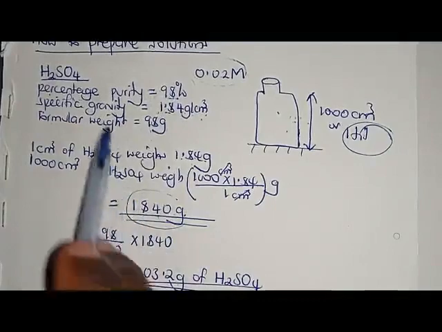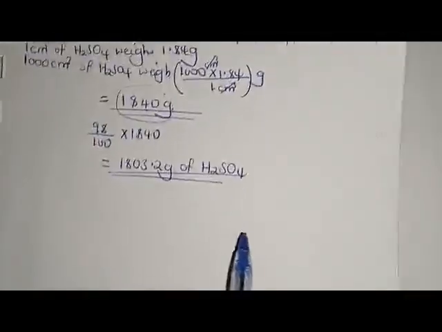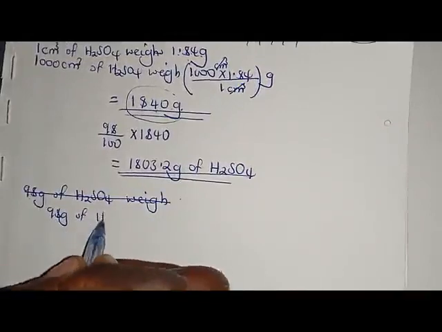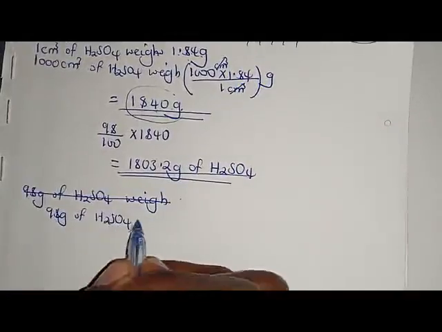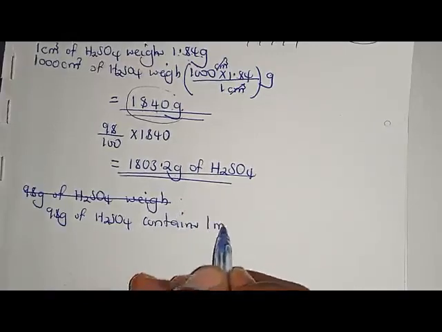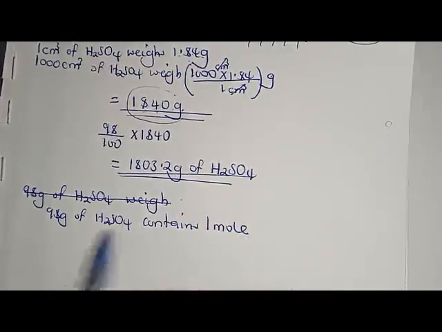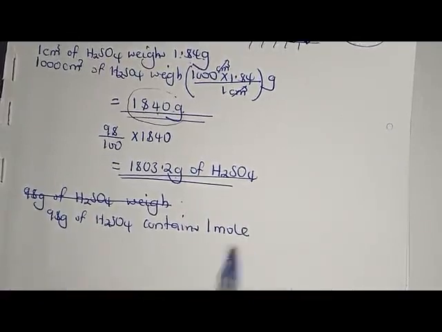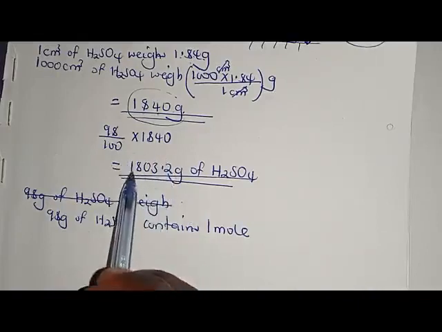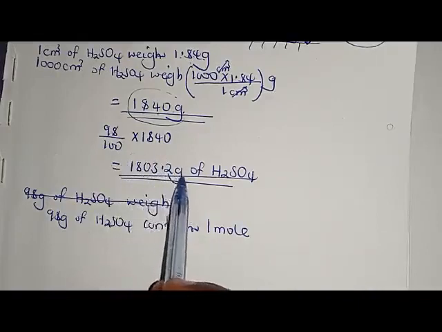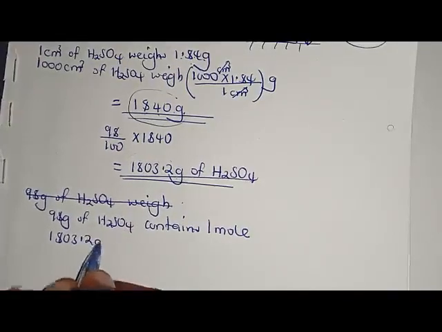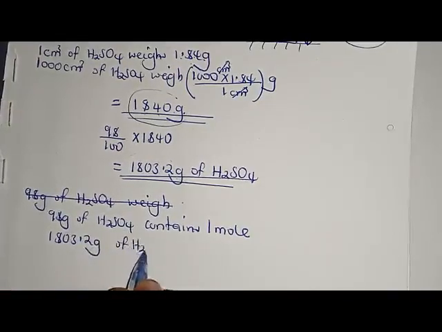So we are going to manipulate this formula weight by saying 98 grams of sulfuric acid contains 1 mole. So always the RFM, or the formula weight of something, weighs its 1 mole. But now we have calculated and we have got 1803.2 grams. What about the 1803.2 grams of sulfuric acid?